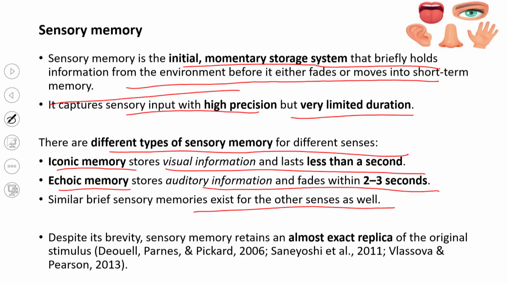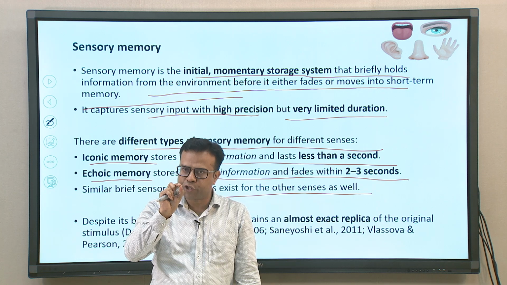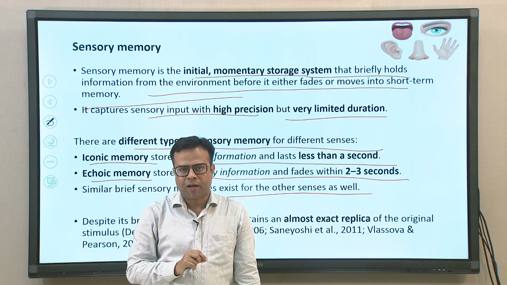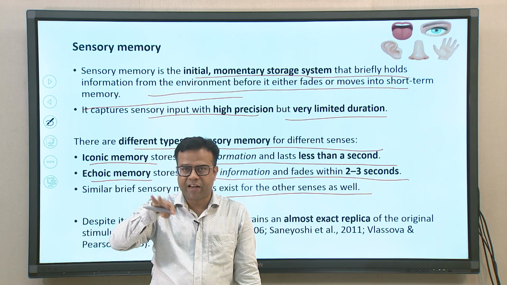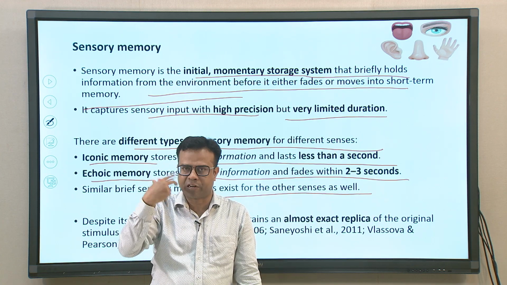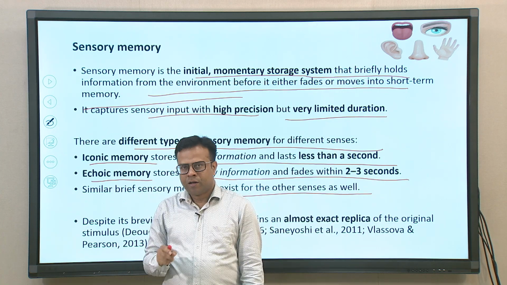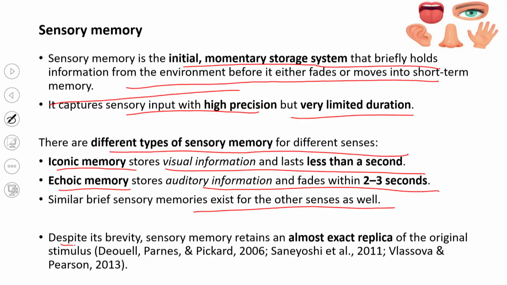Whatever sensory organs catch, their duration of storage is very small, but they can have large capacity and they can precisely store information, an exact replica of the information. That is called sensory memory. Despite the brevity of storage, sensory memory retains an almost exact replica of the original stimulus.